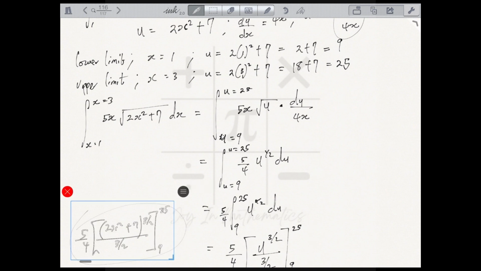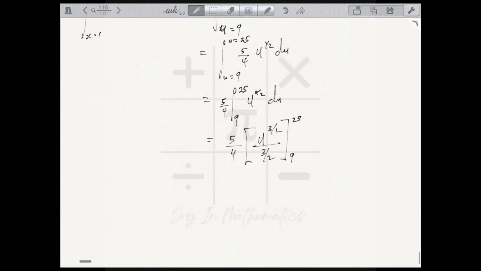So going ahead to solve this, 5 over 4 becomes 5 over 6, with square root of u raised to power 3 from 9 to 25. This involves the application of the law of indices.